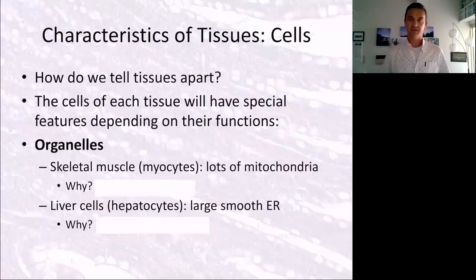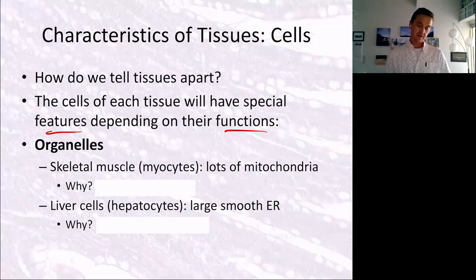Now, characteristics of tissues. When we think about how to categorize tissues and come up with different tissue types, one way is by the cells that inhabit those tissues. The cells of each tissue have special features depending on their functions. Structure is intimately tied to function, and function is intimately tied to structure.